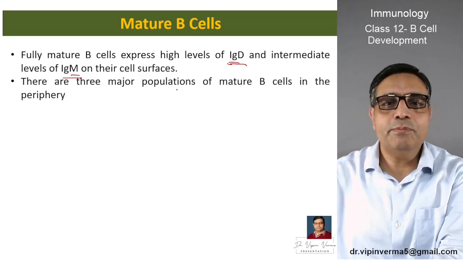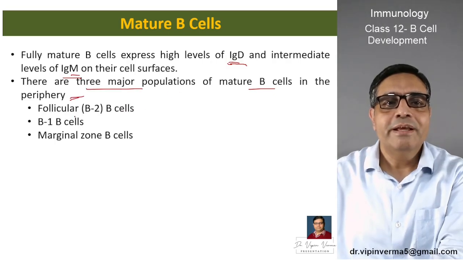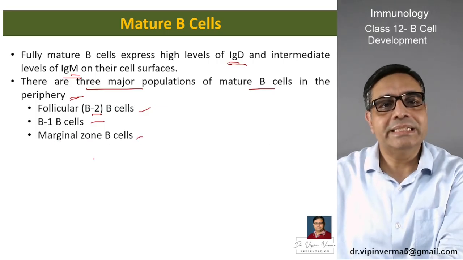There are three major populations of mature B cells in the periphery. We have the follicular B cells, which we call B2 cells. Then we have the B1 B cells, and then we have the marginal zone B cells, or MZ B cells.